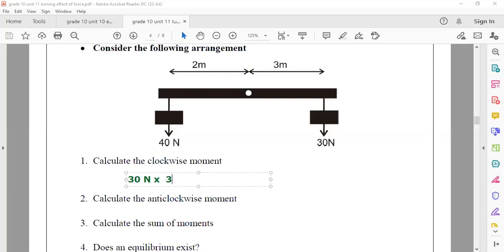Multiplied by 3 meter. You must write which direction. Clockwise.